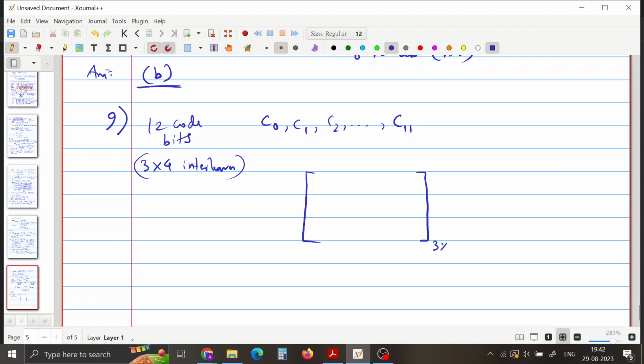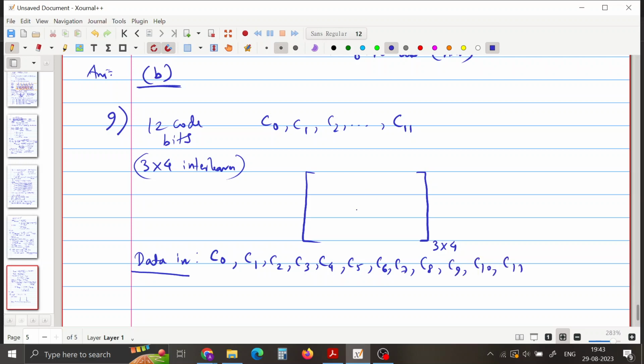The incoming data is in the proper sequence: C0, C1, C2, C3, C4, C5, C6, C7, C8, C9, C10, C11.